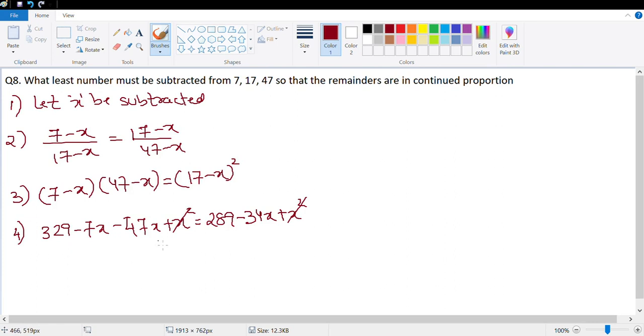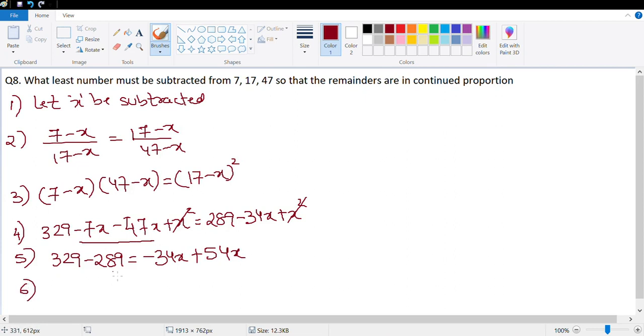X square and x square get cancelled. So what we have is 329 minus 289 would be equal to negative 34x plus, when I take these two on the other side, that's negative 54x. When it goes on the other side, it becomes plus 54x.